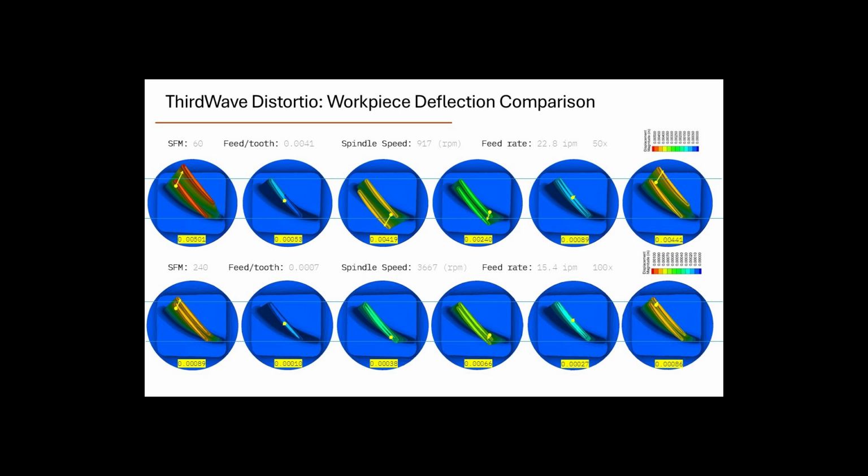So we went from a spindle speed of 917 RPM up to 3,667 RPM. And we dropped the feed rate from 22.8 inches per minute to 15 inches per minute. What this does is decrease your feed per tooth, and increase your SFM.